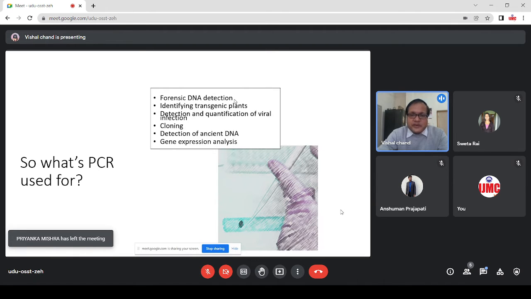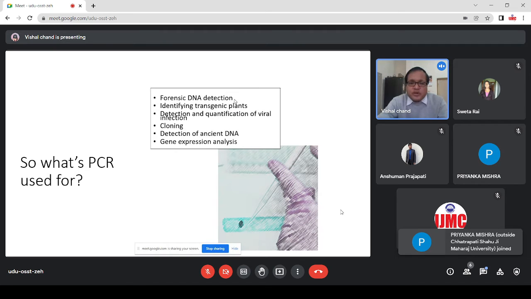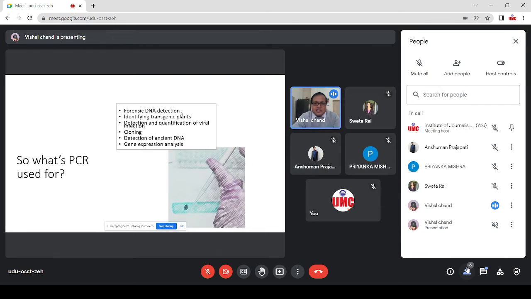Okay, so for forensic DNA, you can see crime investigations. DNA profiling is one of the very common procedures. Transgenic plants are identified to tell them apart from the wild crop. If you have a transgenic plant and some other wild crops, and you look at the variation in both of them, then only DNA profiling helps you identify the transgenic plant.